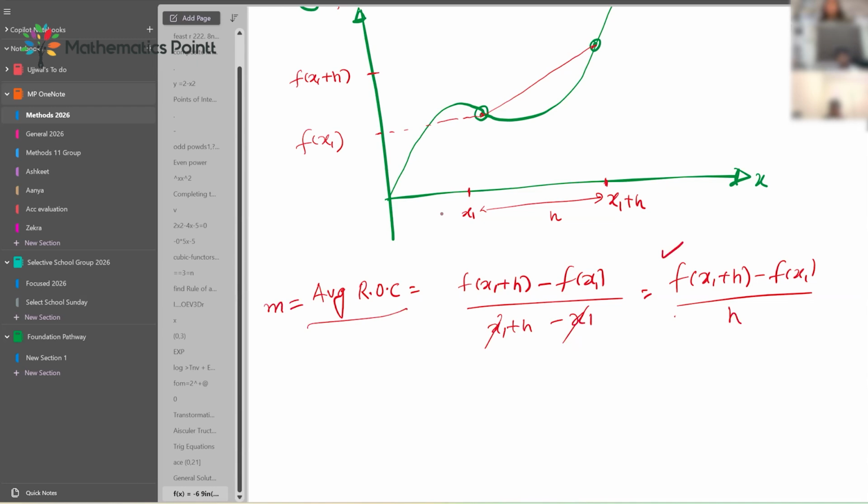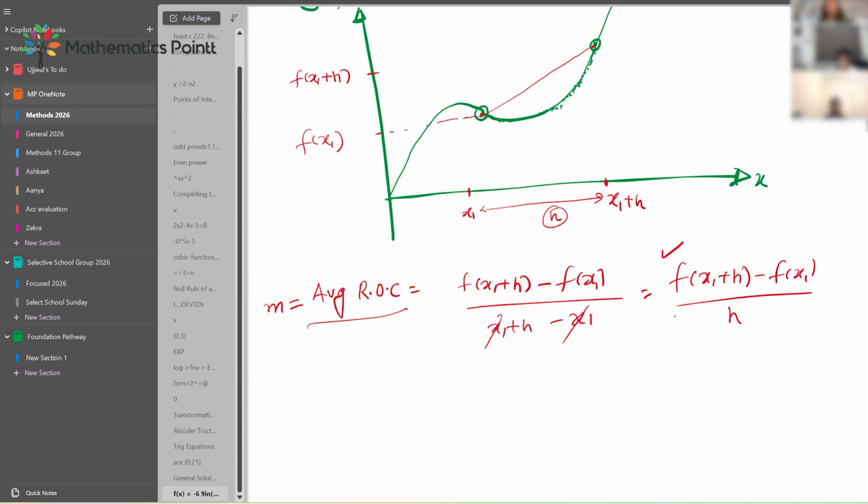All good. We are getting it, right? You're soaking it in, right? Cool. Now I tell you that let's start to decrease the value of h. When I start to decrease the value of h, what will happen to this point? This point will start to come closer to x1, right?